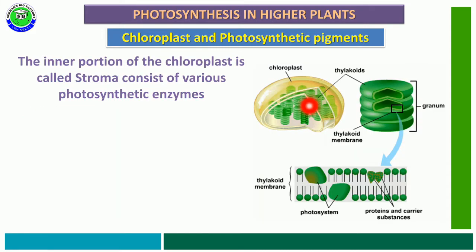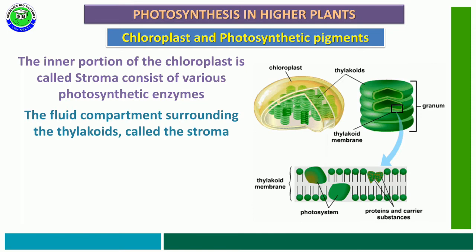The inner portion of the chloroplast is called stroma, and this stroma consists of various photosynthetic enzymes to perform the photosynthetic reactions. The fluid compartment present around the thylakoid is also considered as stroma in the chloroplast structure.